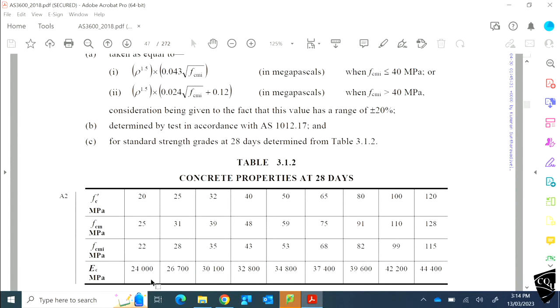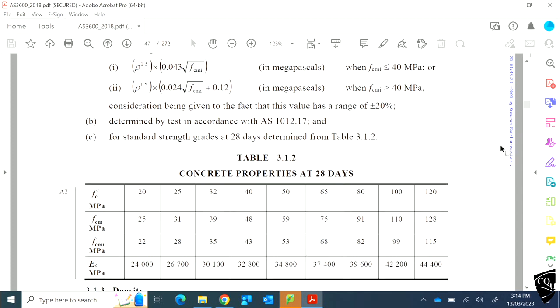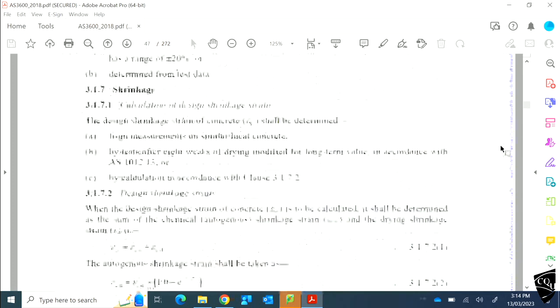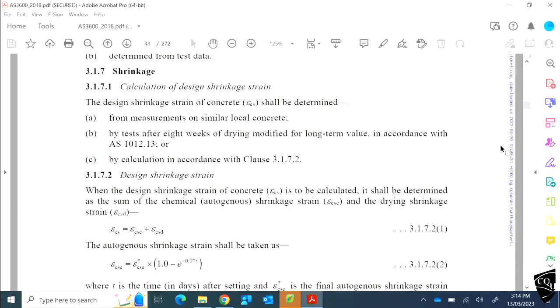E values are given here. If you know f'c, say 40 MPa concrete, the E value is 32,800 megapascals. So the E value can be obtained from here. That's also quite simple. Then we need to know how to find out the shrinkage strain.